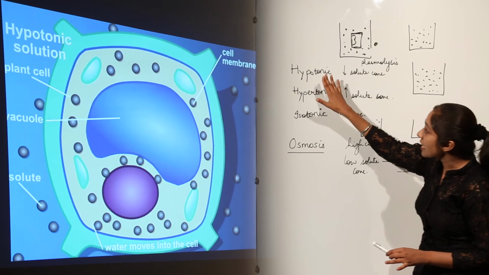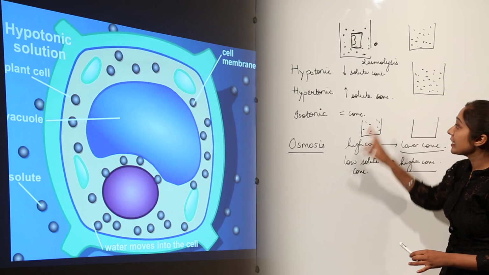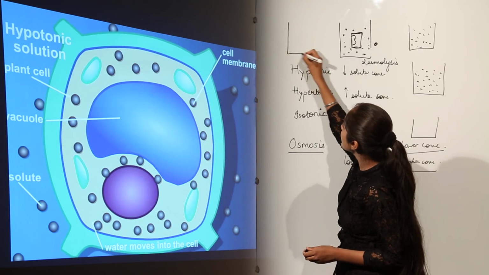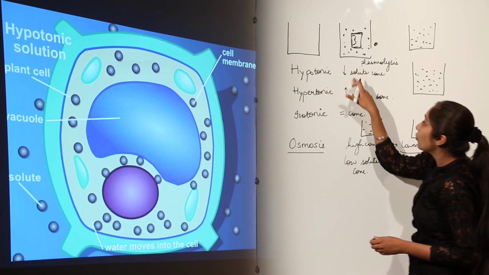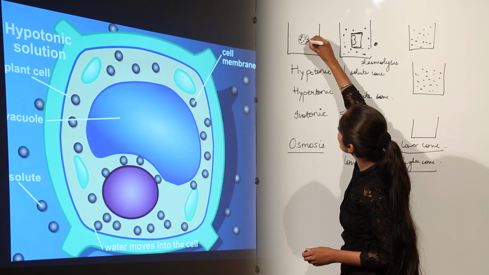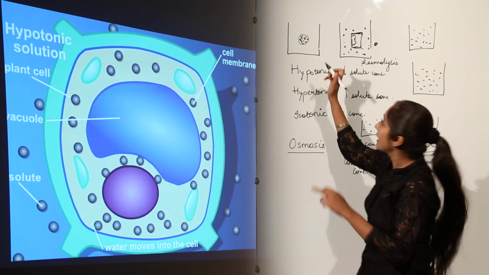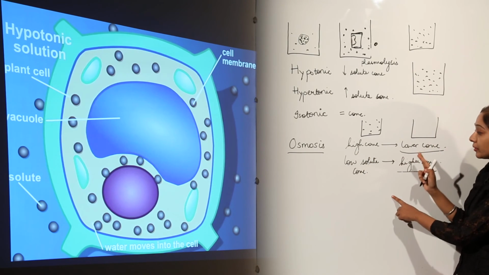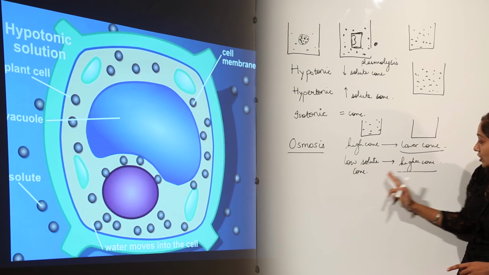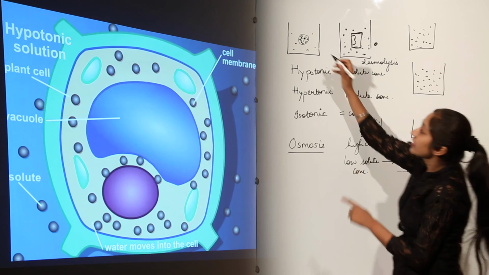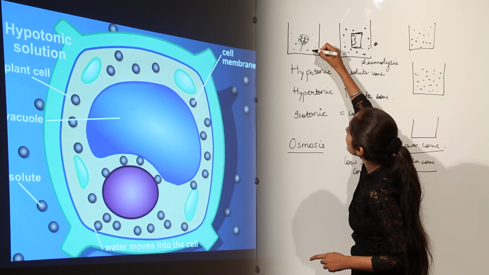Let us talk about a hypotonic solution. If you place red blood cells in a hypotonic solution, what is going to happen? A hypotonic solution has a lower solute concentration, which means inside the cell there is higher solute concentration and outside the cell the solute concentration is lower. From low solute concentration to higher concentration, the water is going to move from outside to inside the cell.